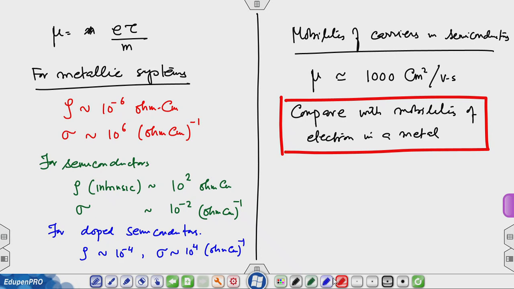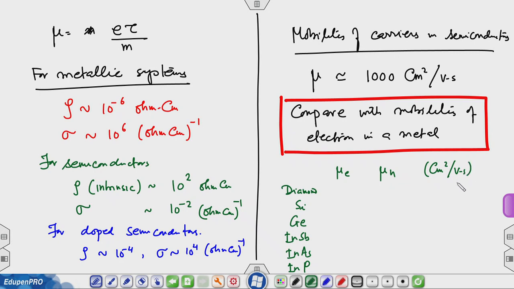But let me give you some mobilities for some systems. Mu electron, mu hole, and the systems I am going to consider are diamond, silicon, germanium, indium antimonide, indium arsenide, and indium phosphide, and this is all in centimeter square per volt second.